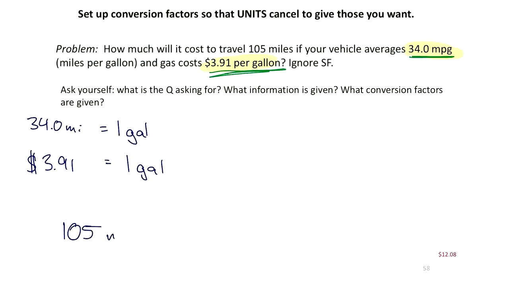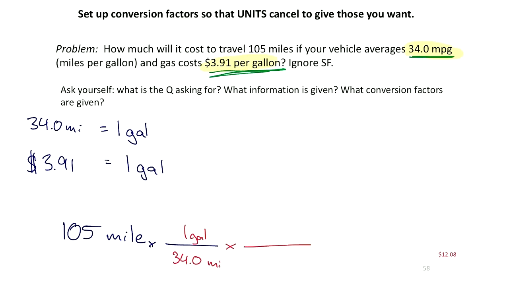All right, so I'm going to start with the piece of information given here that's not an equality, it's not a derived unit. I'm going to start with 105 miles. So which equality am I going to use here? Which is the only one I can use, the first one or the second one? The first one. Where am I going to put 34? On the bottom, so 34.0 miles is 1 gallon.